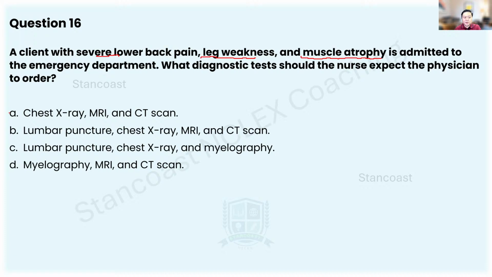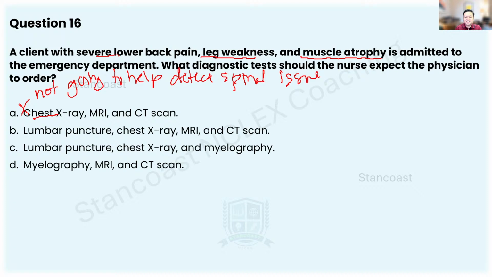Take note about the complaint, severe lower back pain. And of course, chest x-ray, this is not indicated. This is already making this option wrong because it is not relevant for diagnosing spinal issues. Not going to help detect spinal issues.